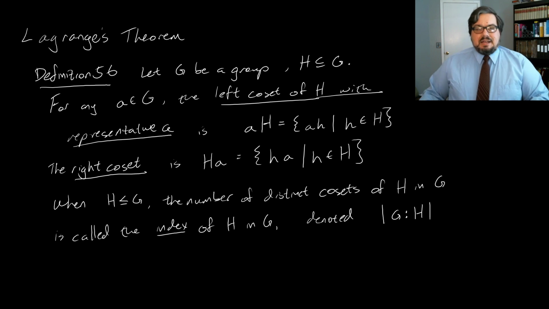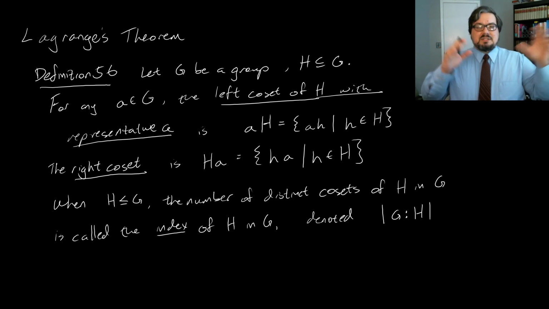So this is supposed to sort of suggest a G colon H division sort of thing. We're not exactly dividing, of course, because these aren't numbers. But the idea is that if we look at all the different cosets of H, that's going to be a bunch of different subsets of your group.